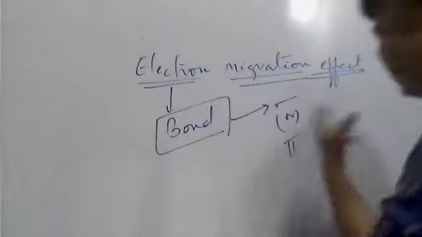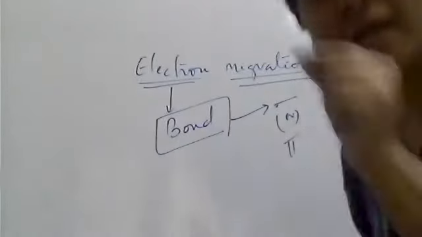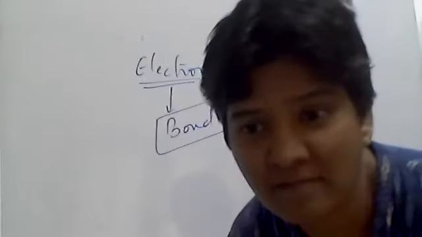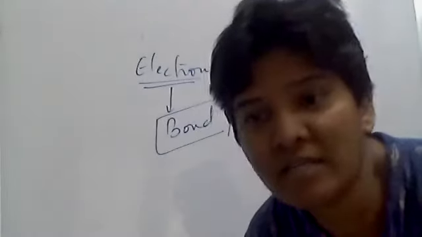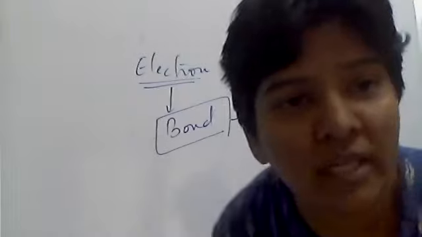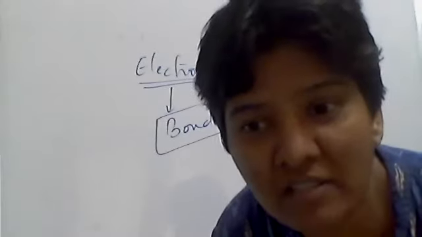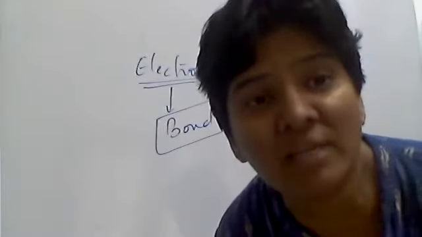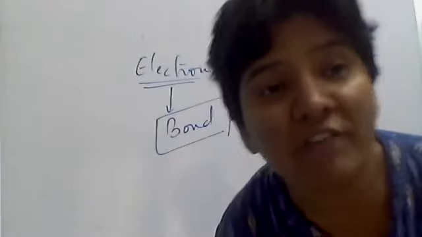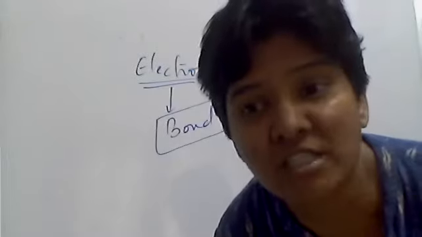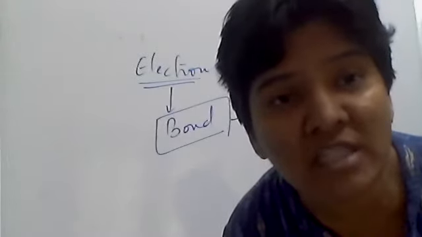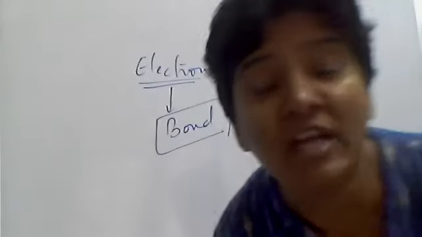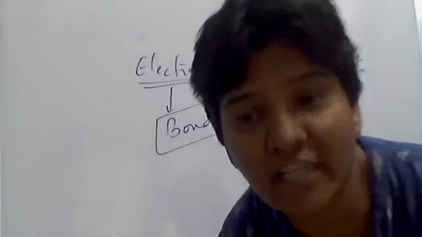There is a sigma or pi bond. Where is this bond moving? Remember, always the bond means electrons. So the electrons will move in favor of a small atom, which has more nuclear charge. The one with more nuclear charge is called the electronegative atom.